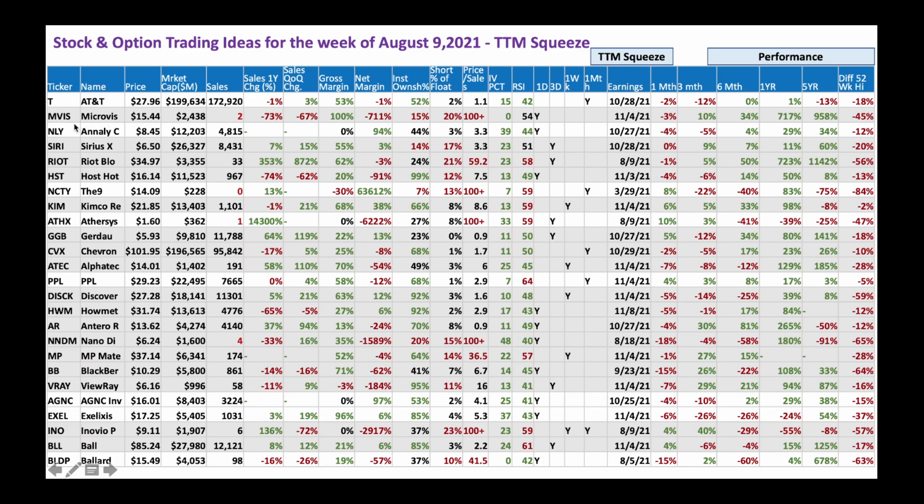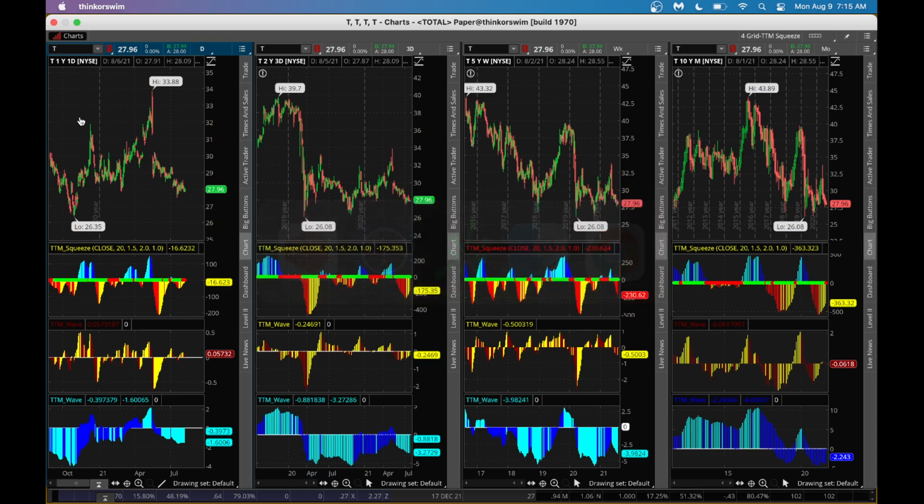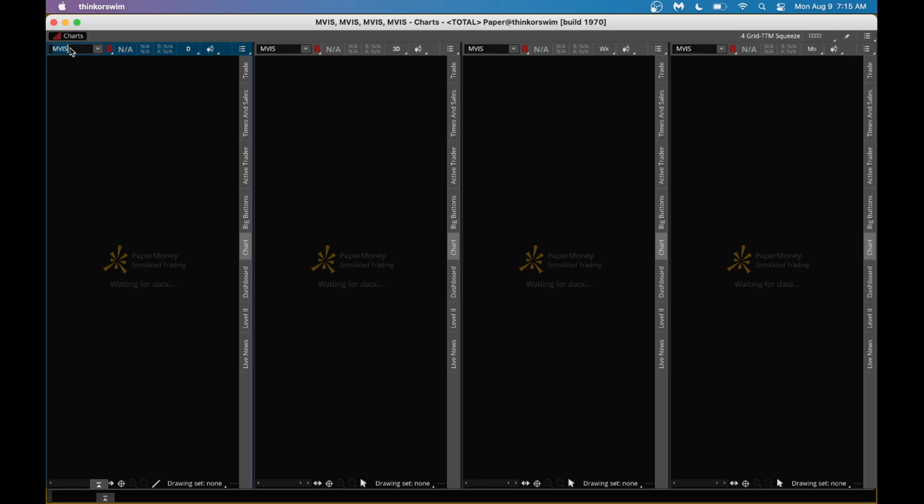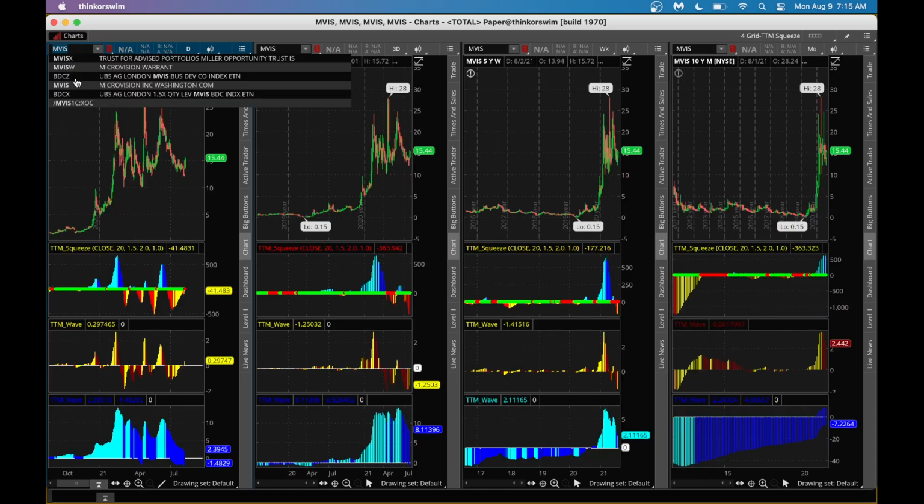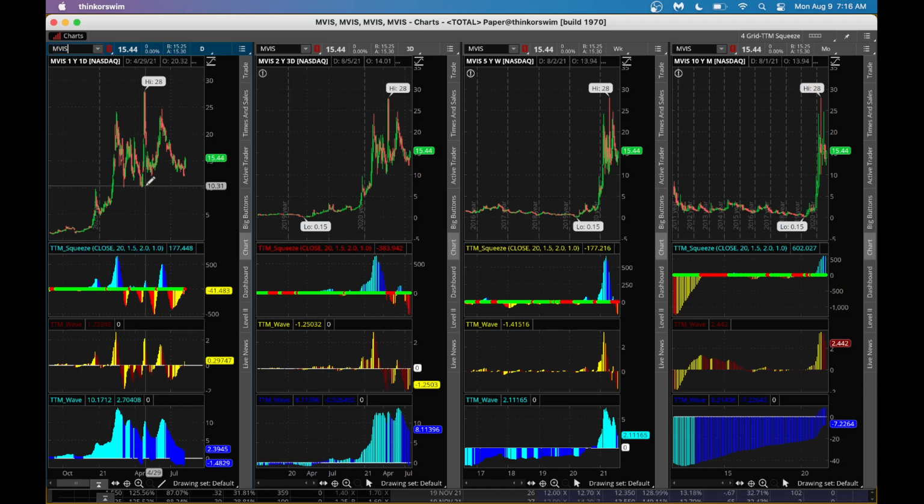So with that, let's first look at MVIS here, Microvision. Let me go back to Thinkorswim here. MVIS, Microvision. As you can see here, nice looking stock chart. We've got a 1 year, 1 day chart here. The stock is all over the map, up and down.